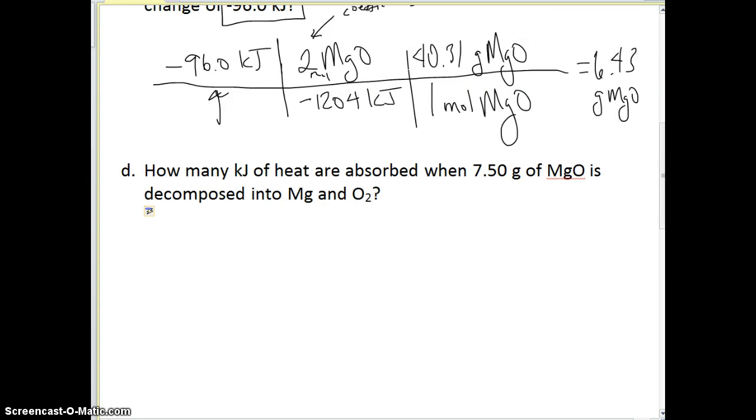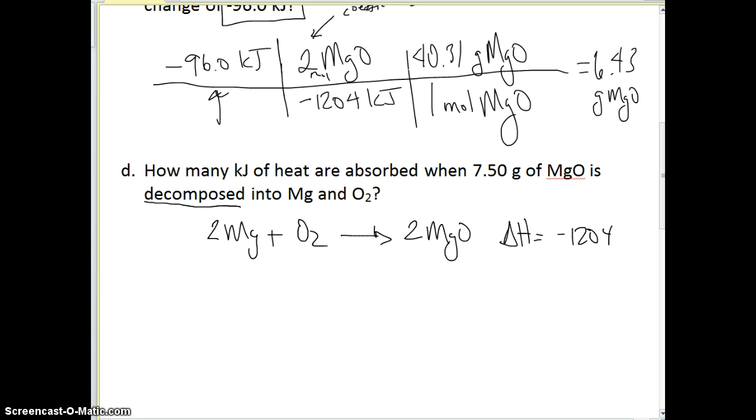Okay, so let's take a look at this next problem. How many kilojoules of heat are absorbed when 7.50 grams of MgO is decomposed into Mg and O2? Now this word decomposed gives me an idea of what's going on. If we go back to our original balanced equation, we had 2 Mg plus O2 yields 2 MgO, with a delta H value equal to negative 1204 kilojoules.